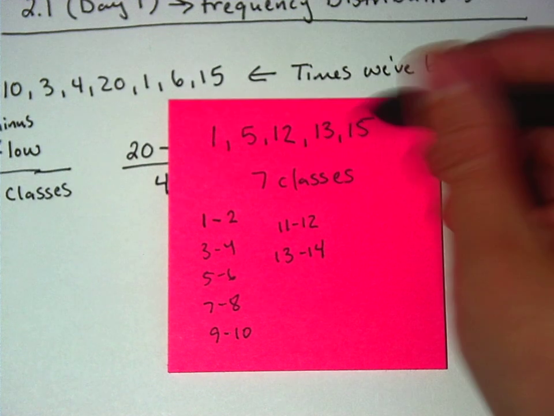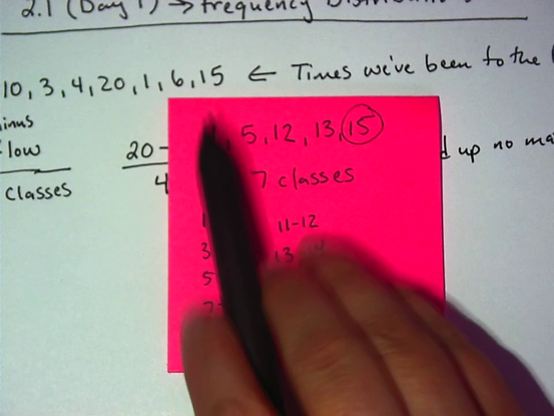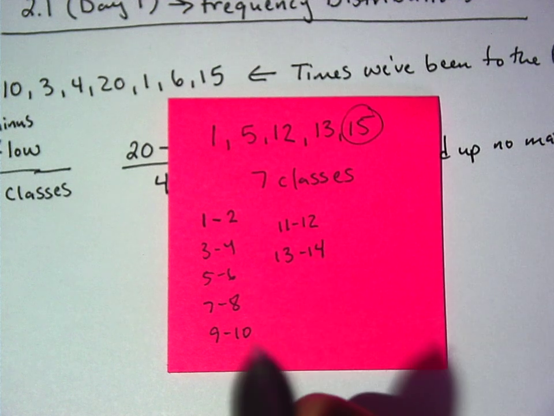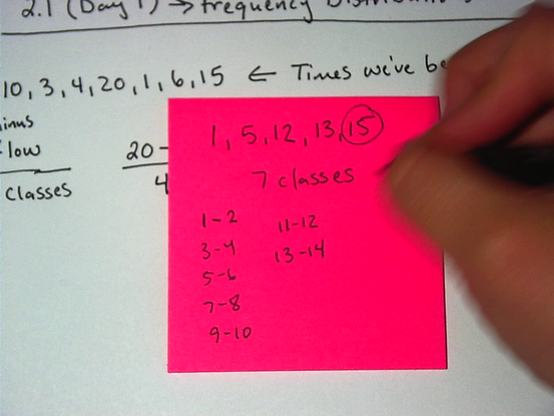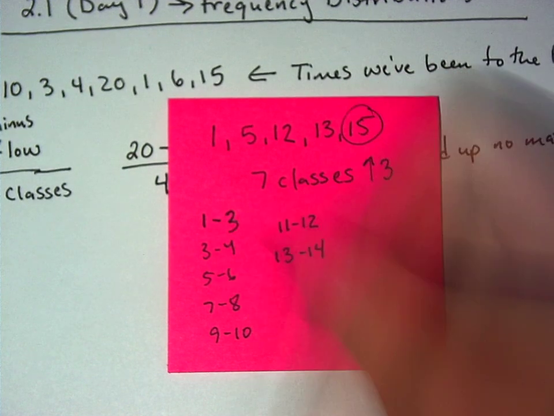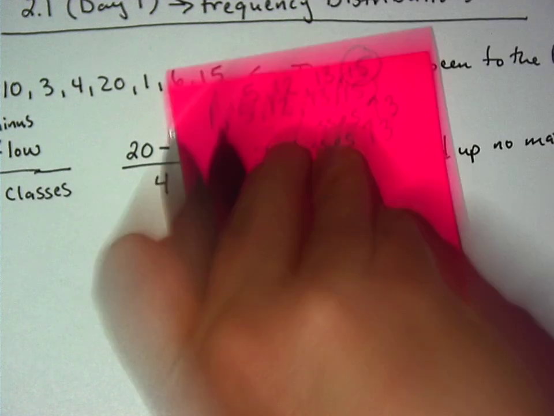See, 15 is my high number, and that wouldn't fit in there. And the reason for that is because even though you think, oh, it's a spread of 14, the spread of 14 is true, but it's still 15 numbers. So if you ever end up with a whole number, you still have to boost it up. So for this one, I would have had to boost it up to a class of 3, and this one would have been 1 through 3, 3 numbers. So it's going to feel weird that way.